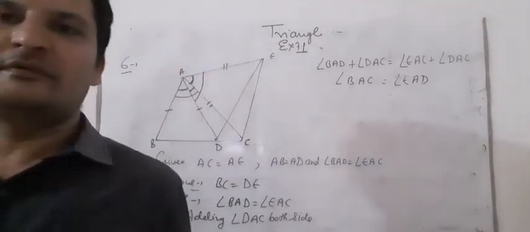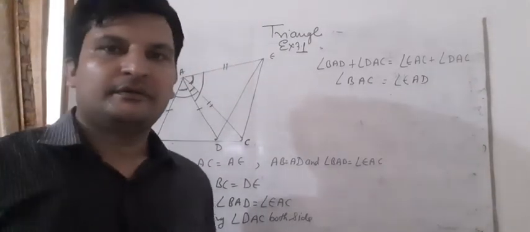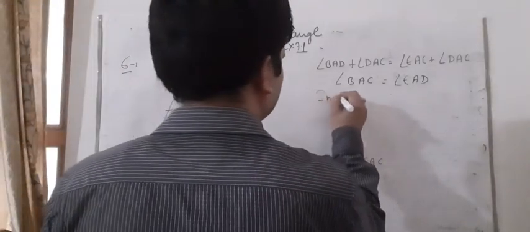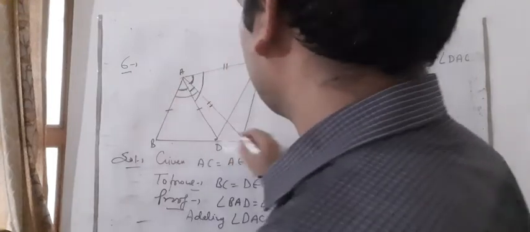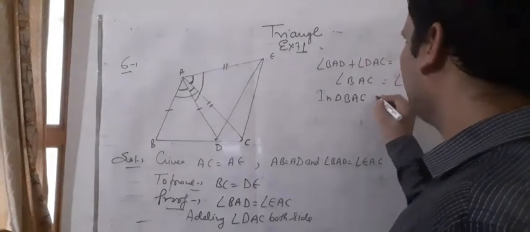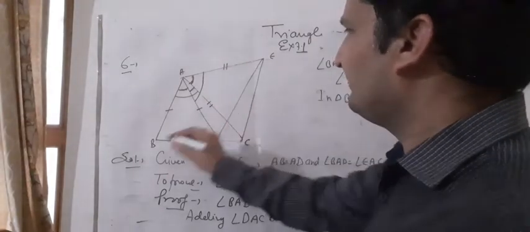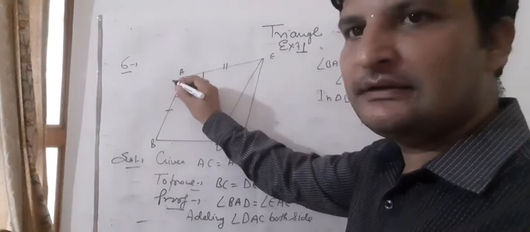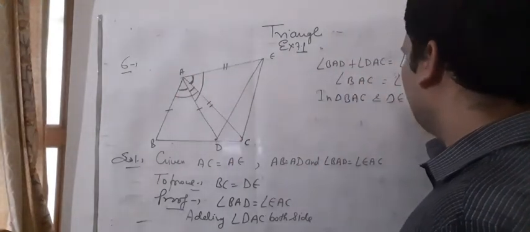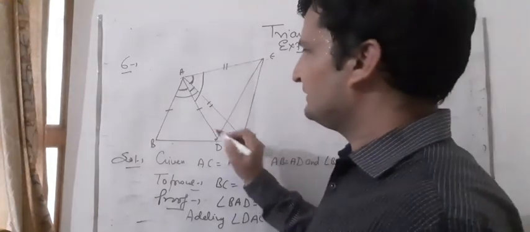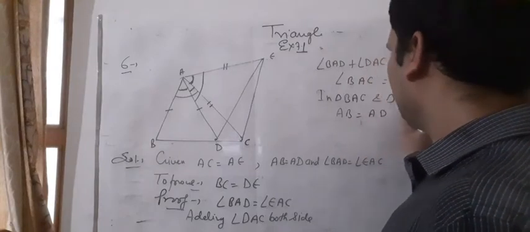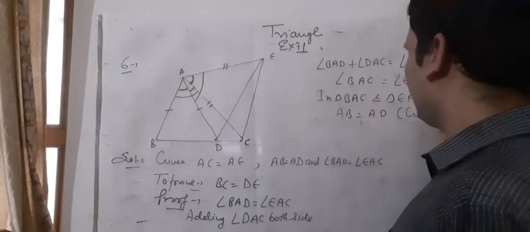Now students, we will take these two triangles. In triangle BAC and triangle EAD, it is given that AB is equal to AD, given.